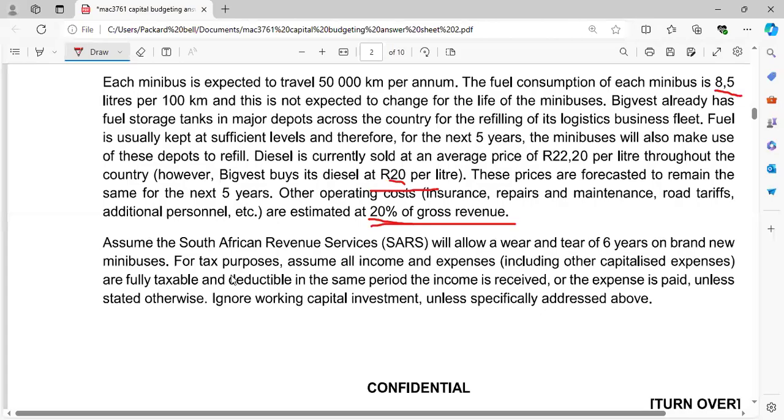For tax purposes, assume all income and expenses, including other capitalized expenses, are fully taxable and deductible in the same period the income is received or the expense is paid. Unless stated otherwise, ignore working capital investment unless specifically addressed above. So which means we should also apply taxation.